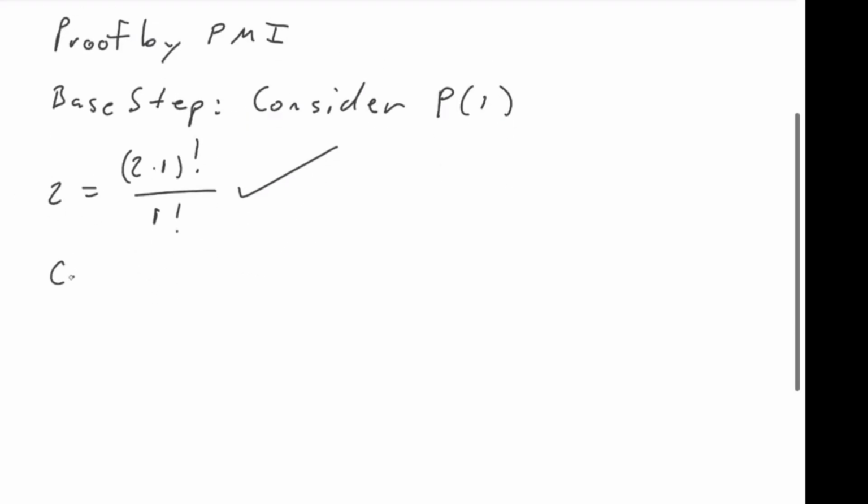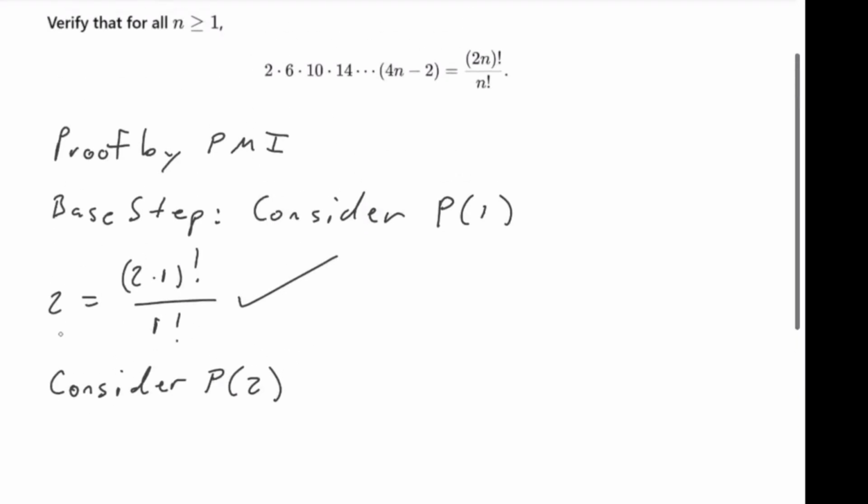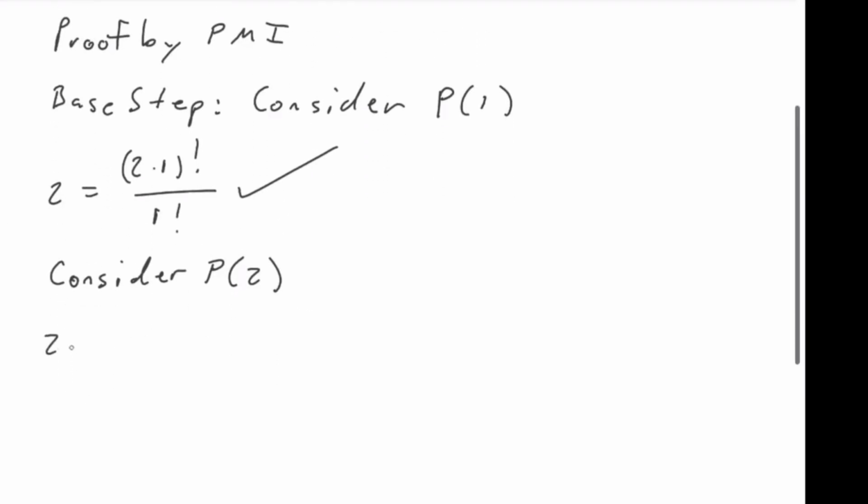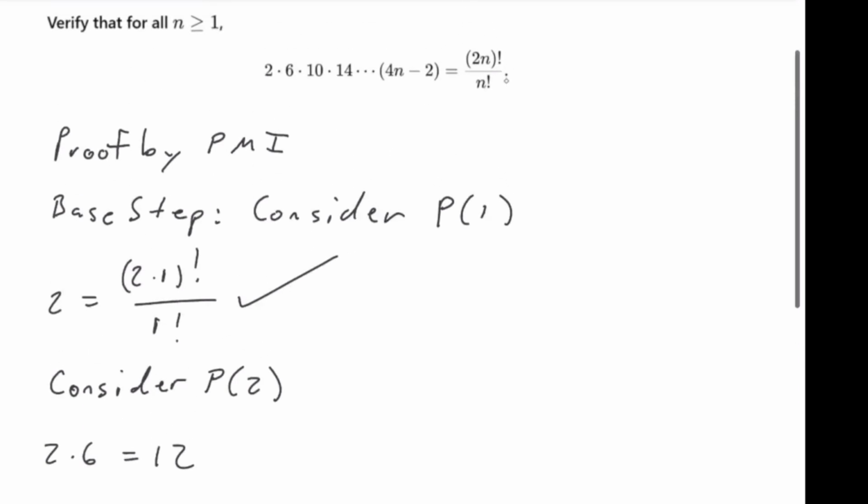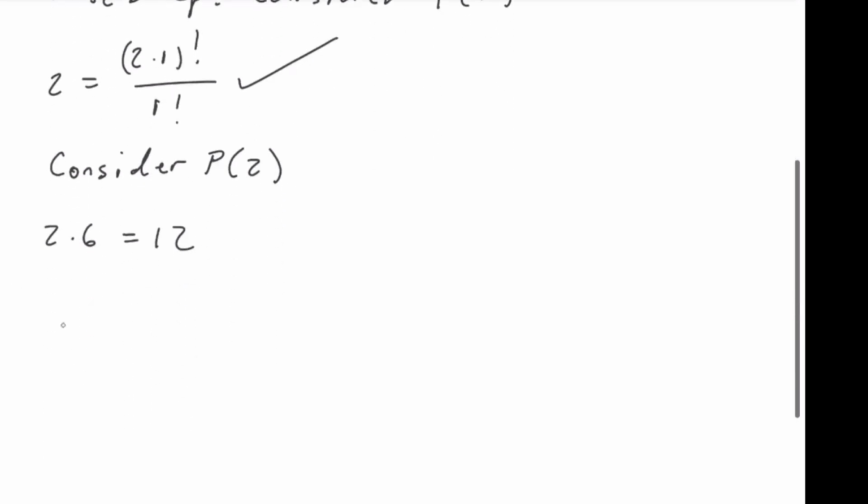So consider P of 2. So that's 2 times 6, which is equal to 12. And let's see if it works for that formula. So it's 2 times 2 factorial over 2 factorial.